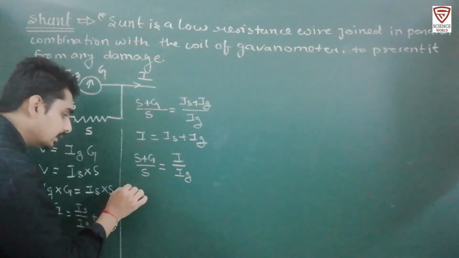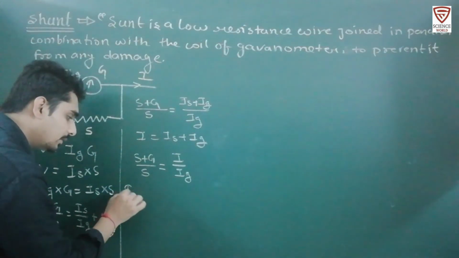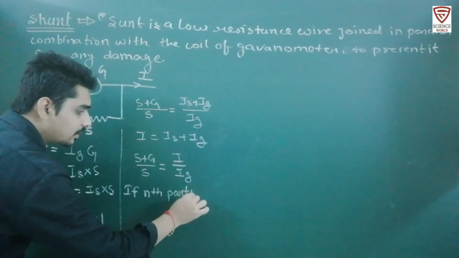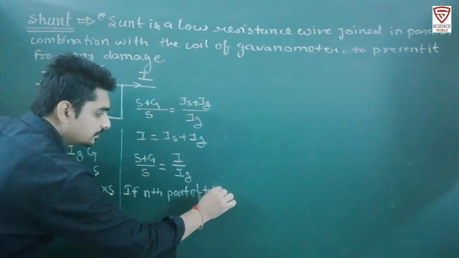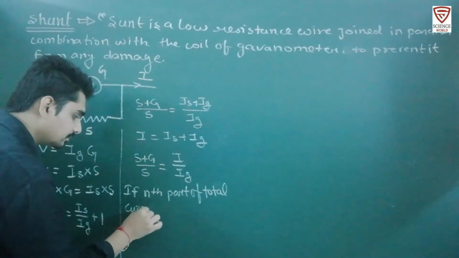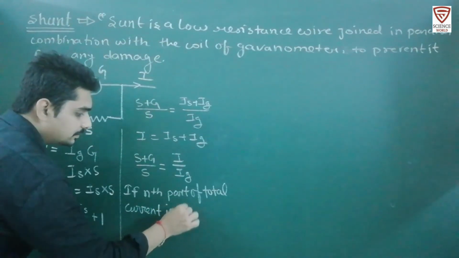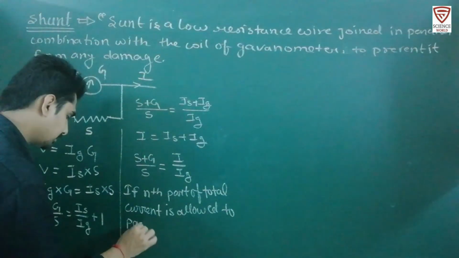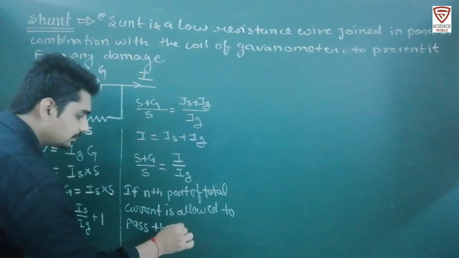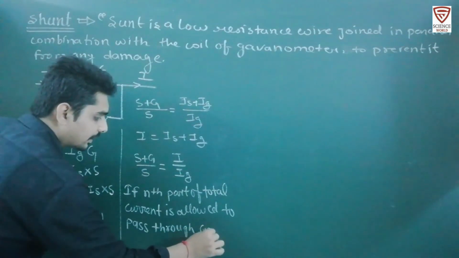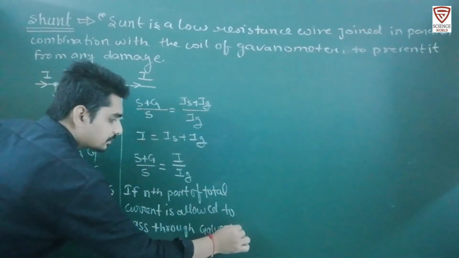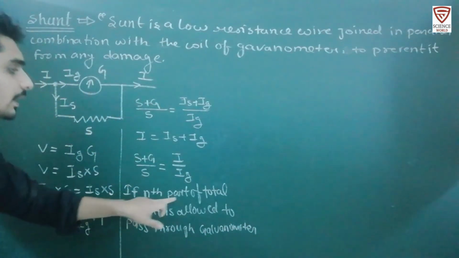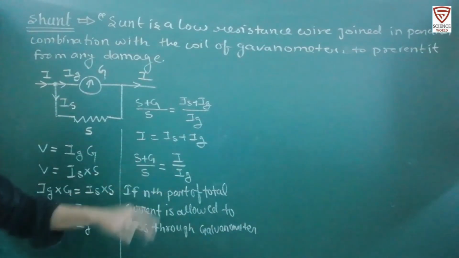Now we consider that if nth part of total current is allowed to pass through galvanometer, we have considered that only nth part of total current will pass through this galvanometer.